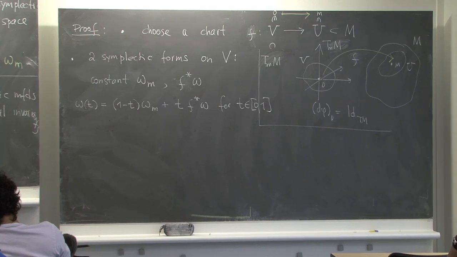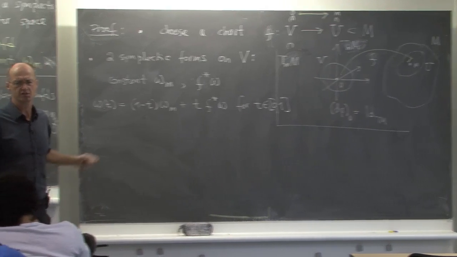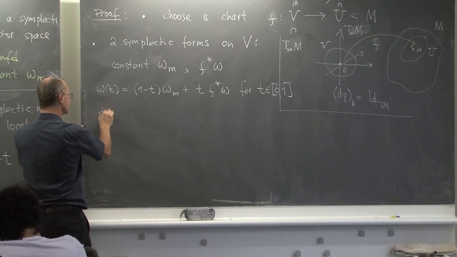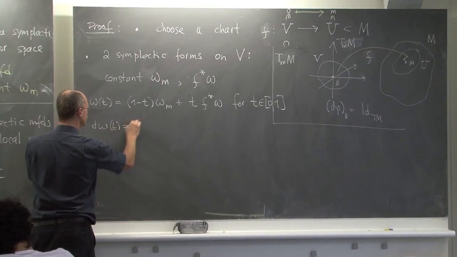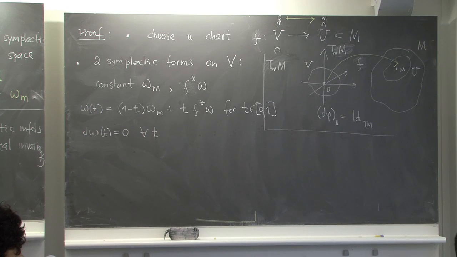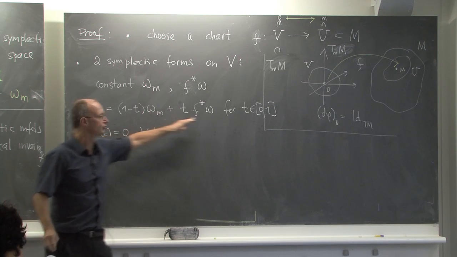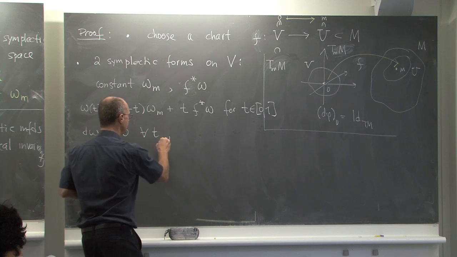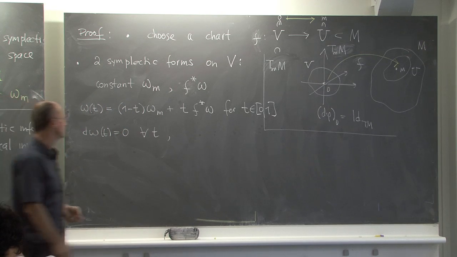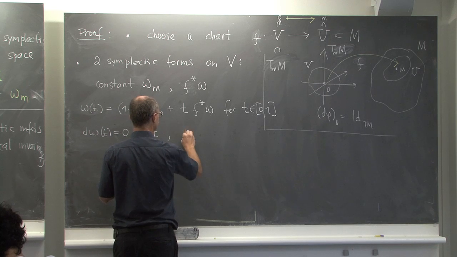Well, I said it's a family of symplectic forms, but it is not quite true. It is clear that d omega_t is equal to 0 for all t. This is obvious because these are two closed forms. However, whether it is non-degenerate or not is not entirely obvious.